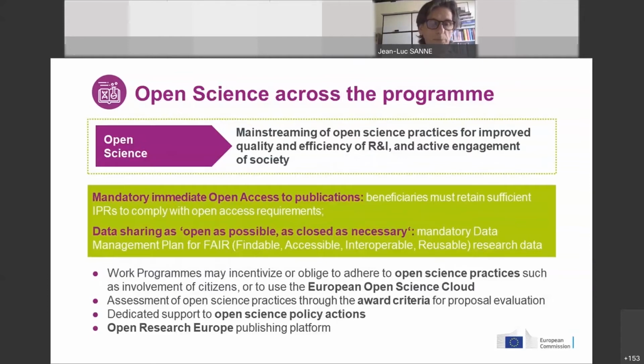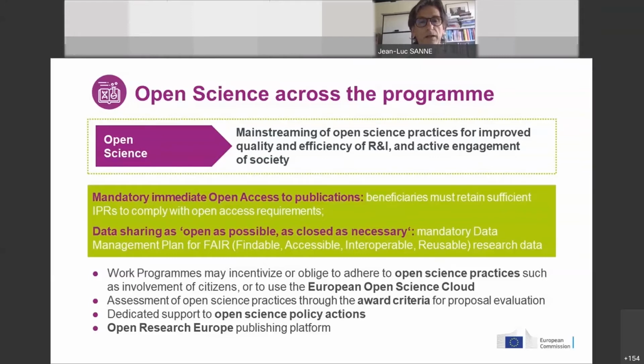Open science was something initiated also in the previous framework programs, which is emphasized in the new program with a mandatory open access to publication. And what is the major novelty here is that you also have data sharing, because we think it's not enough to have the publication, but it's also important to have access to the data.